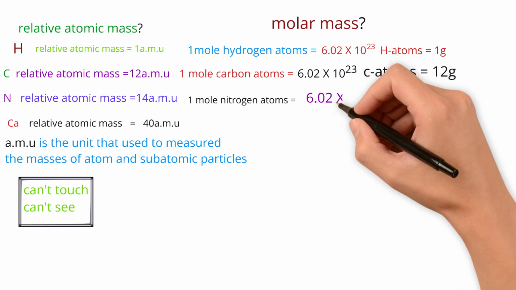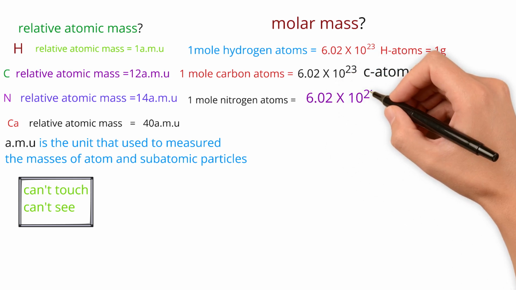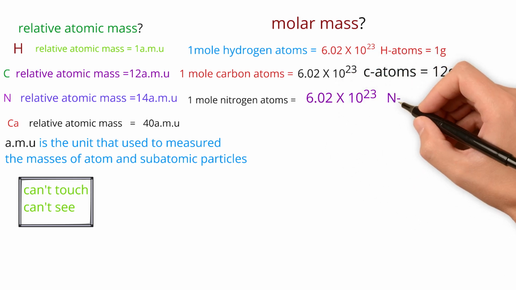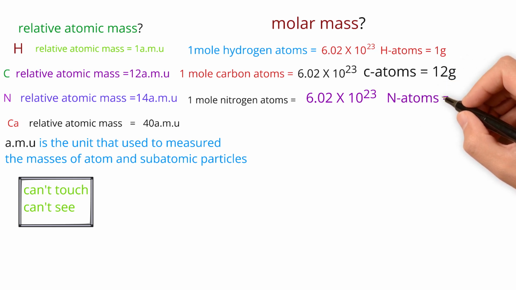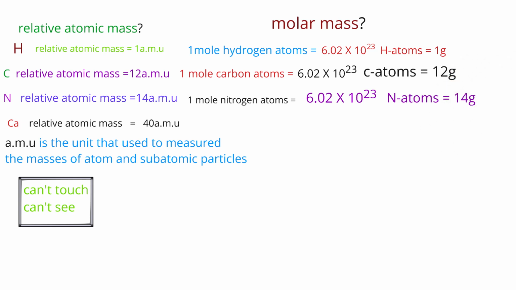The third example, 1 mole of nitrogen atoms contains 6.02 times 10 to the power of 23 nitrogen atoms. The mass of 6.02 times 10 to the power of 23 nitrogen atoms is equal to 14 grams, but the mass of a single nitrogen atom is equal to 14 atomic mass units.